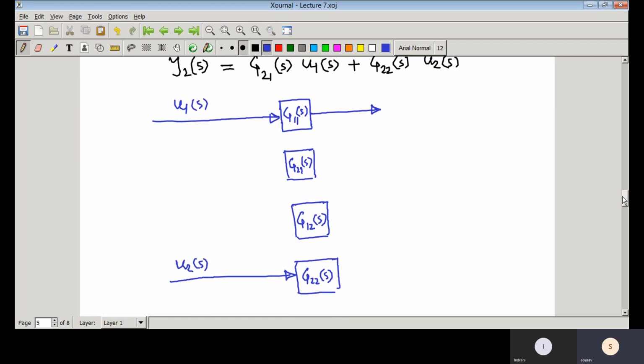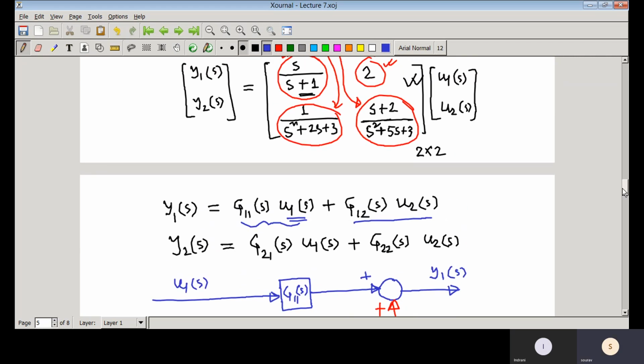Then if you take the sum of these two, finally you will get Y1(s).